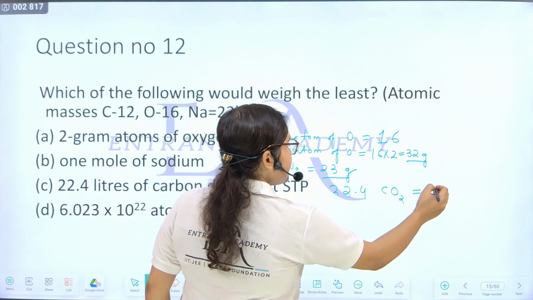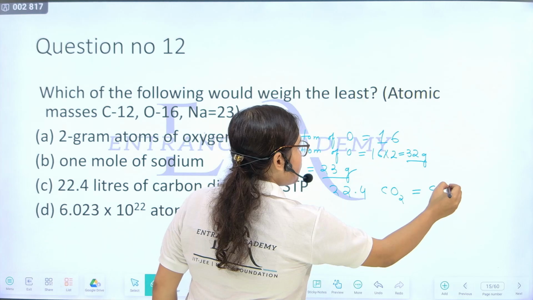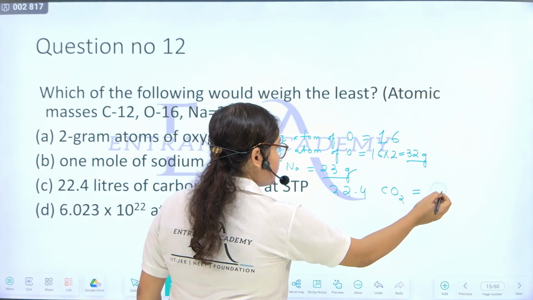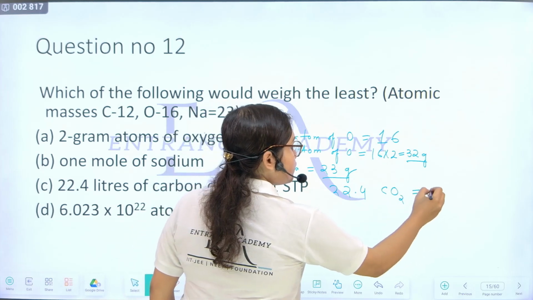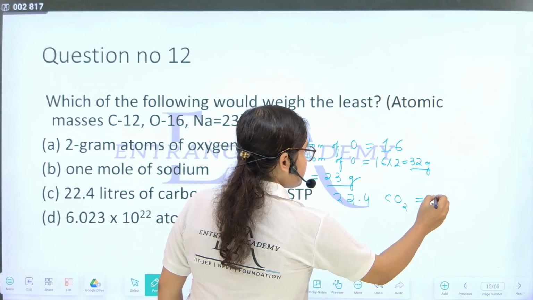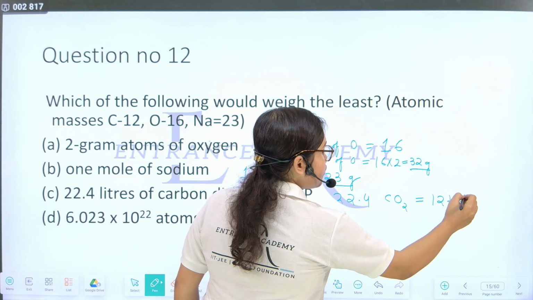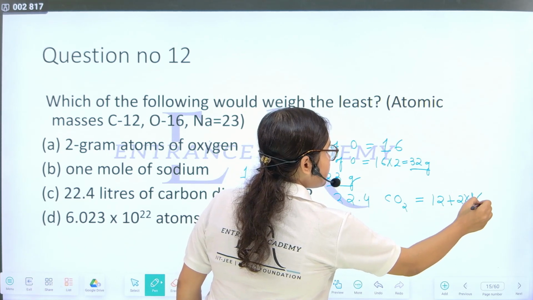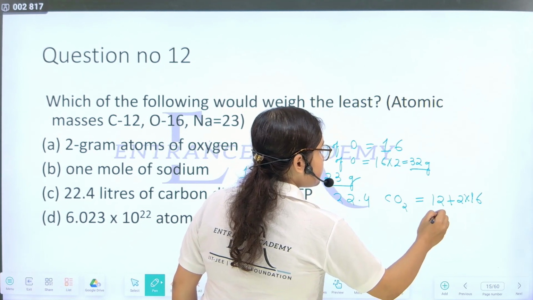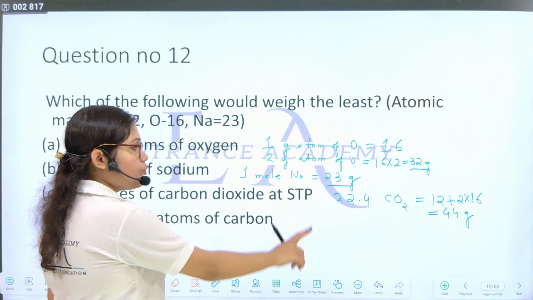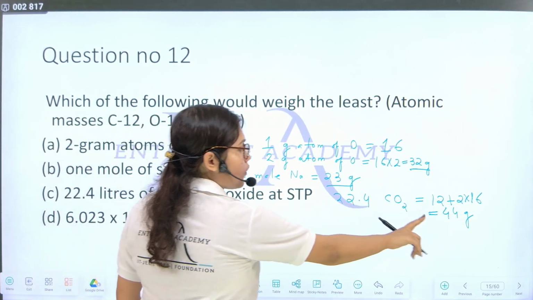Carbon dioxide is C plus O2, that is 12 plus 2 into 16, 44 grams. So 22.4 liters is 1 mole, 44 grams.